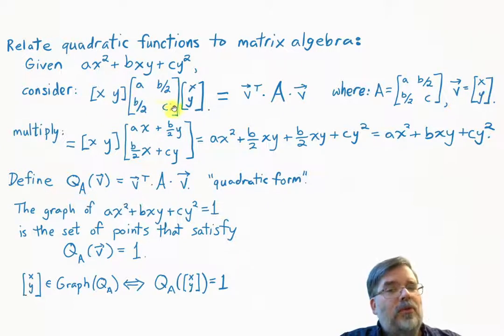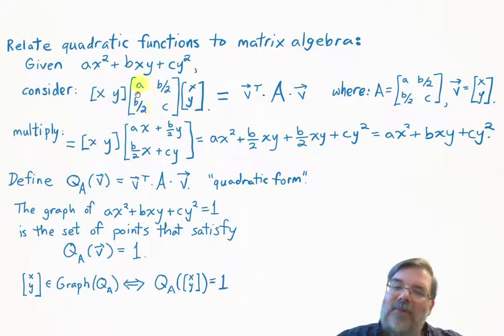Now what happens when you multiply this out? I can't see a matrix vector product without wanting to do that. If you multiply this matrix times this vector, you get A times x plus B over 2 times y. Then on the bottom, we have B over 2 times x plus C times y. Now let's multiply this row times this column.